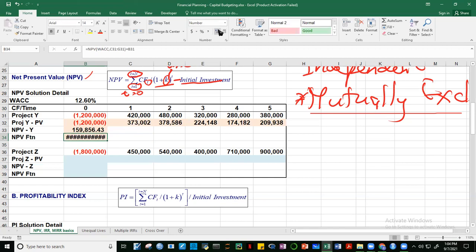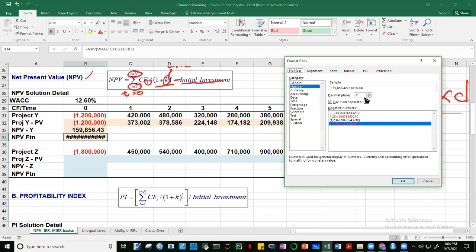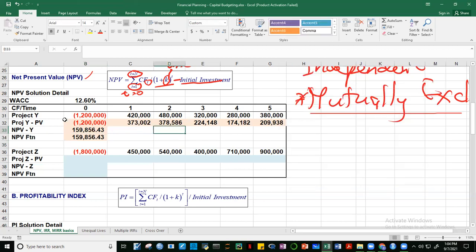Dagdagan lang natin ang decimal place. Okay, control 1, nag-automatic ano siya, 11 decimal places. So 2. Okay, so it's the same guys, whether we use the individual present values and then sum them up or the NPV function. Okay, syempre mas madali yung NPV function. Okay, so project Y is feasible based on NPV.